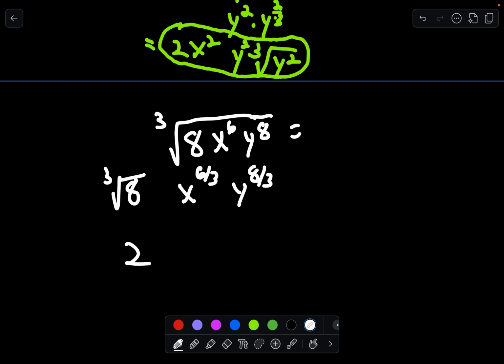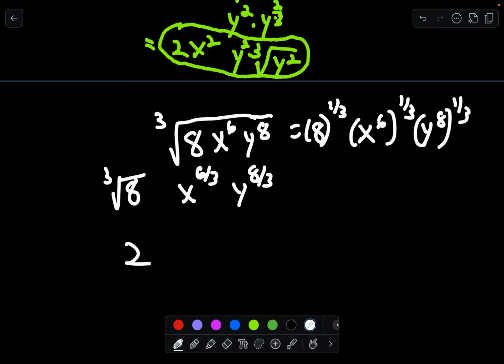In other words, we look at this as 8 to the 1/3 power, which is 2. And then this is going to be x to the 6th raised to the 1/3 power, which means we multiply. And this is going to be y to the 8th raised to the 1/3 power.